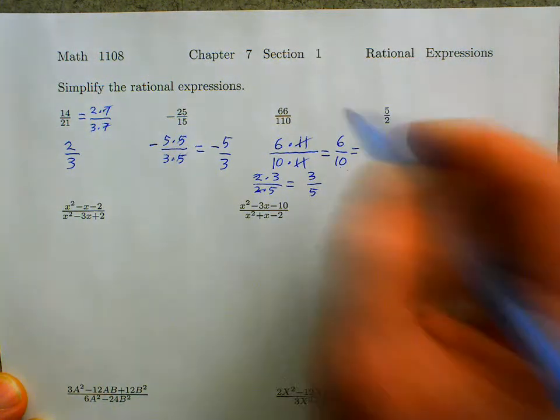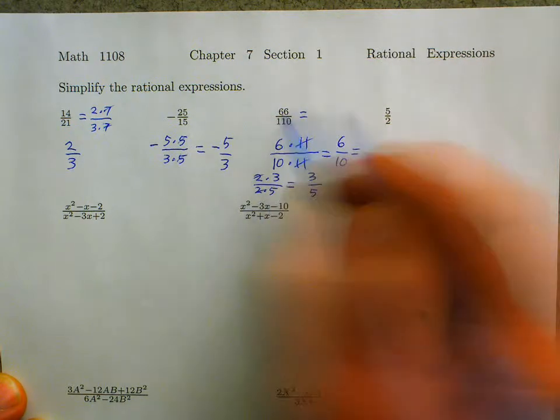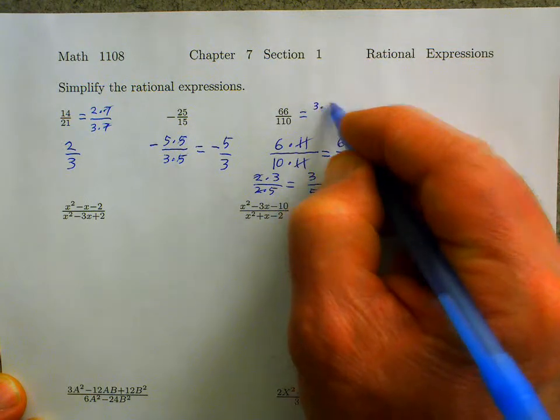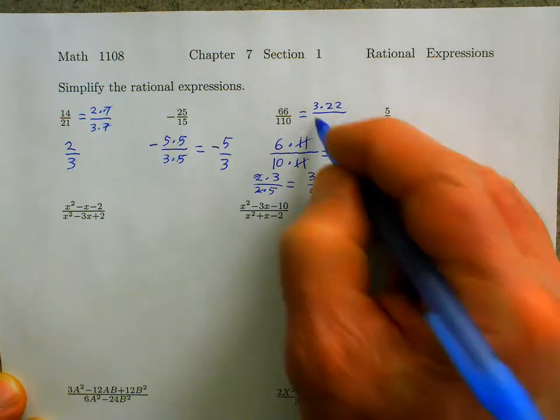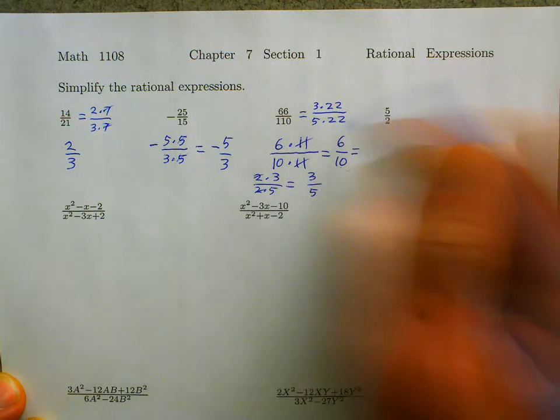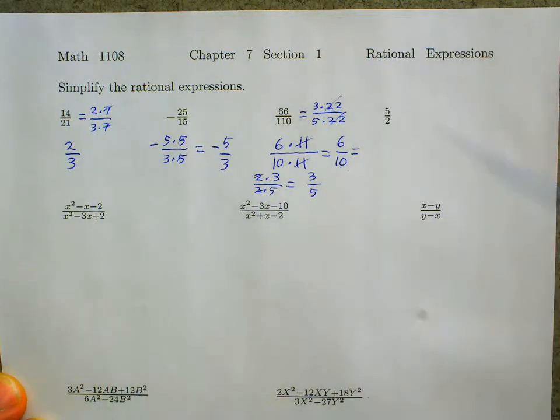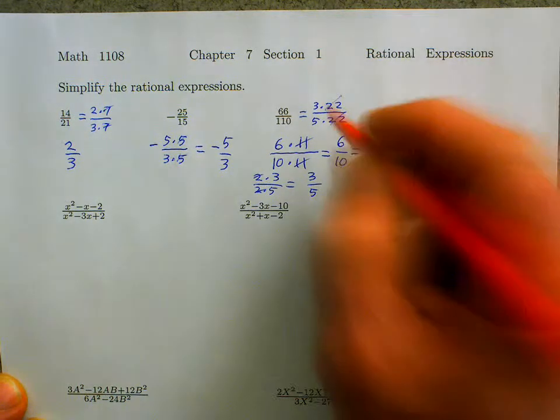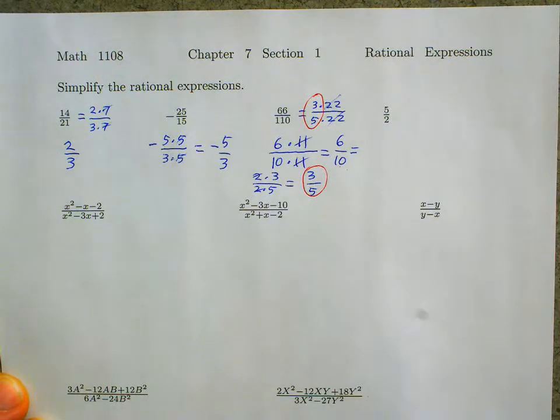A more efficient way to have done that would have been to note that 66 is 3 times 22, and 110 is 5 times 22. And then 22 divided by 22 cancels. But either way, if you keep going, you'll get to the simplified result, 3/5.